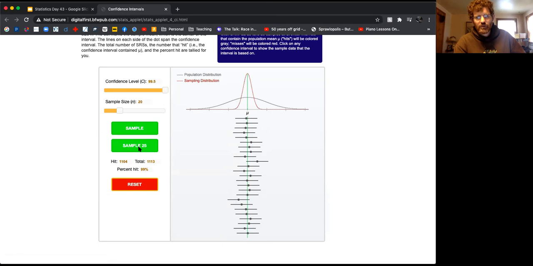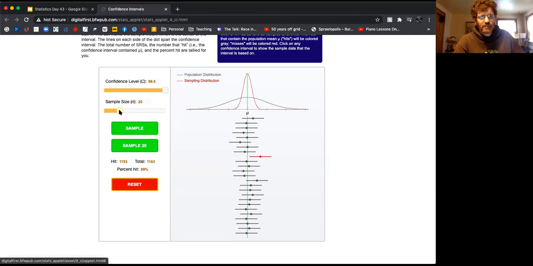Okay, it took me 150 times to get one that did not capture the true population mean. So we'll talk about this more, but having a wider confidence interval means we're more likely to capture it. But of course, there's less precision when we do that because it's a wider interval. All right, so that's confidence level.